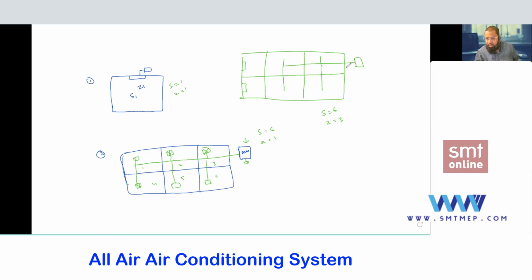Sure. Now the question is how to decide the zoning. How will you decide the zoning? Whether 2 zones are required, 3 zones are required, or 1 zone is enough. On what basis? Yes? Machine capacity.